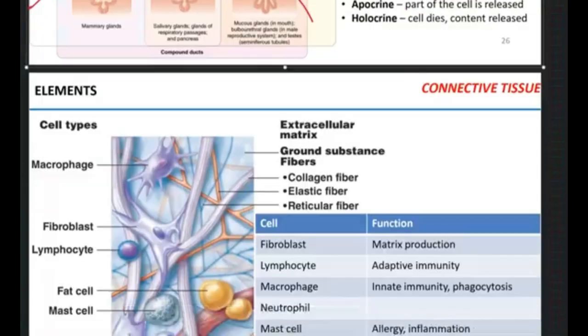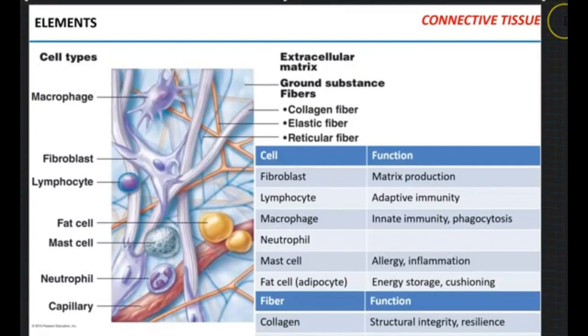So this brings us to the connective tissue. And as you can imagine, connective tissue connects. So connective tissue consists of two main compartments. Okay?